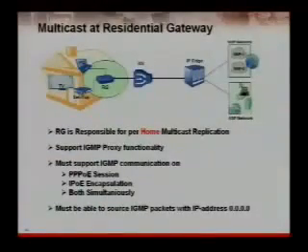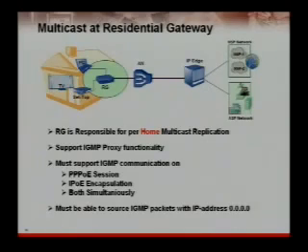And then the next step that is defined in TR 101 is the residential gateway, right? So the household. And the residential gateway in this particular setup is the brain of the home. So it becomes the IGMP proxy for the home. If there are multiple set-top boxes behind the residential gateway, they will all be serviced from that particular residential gateway.